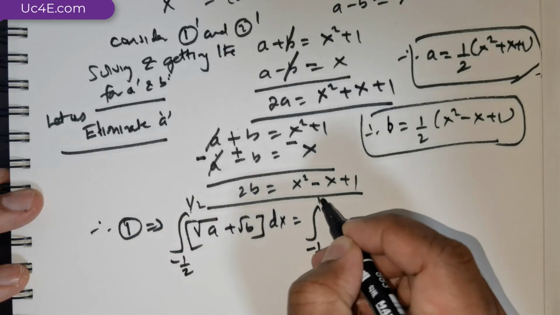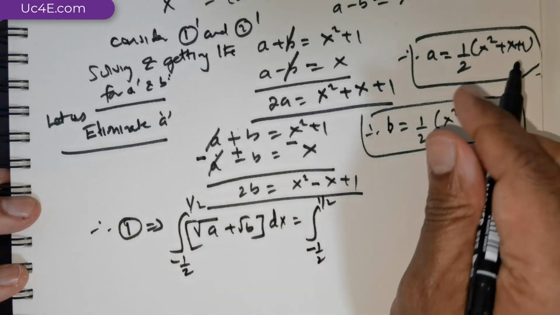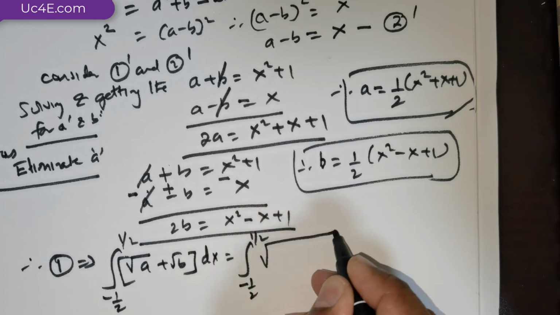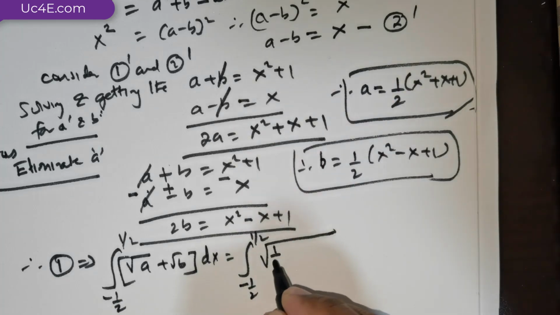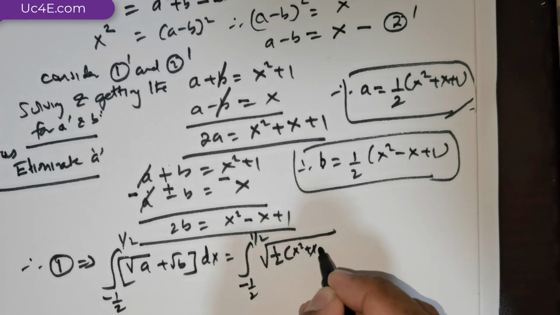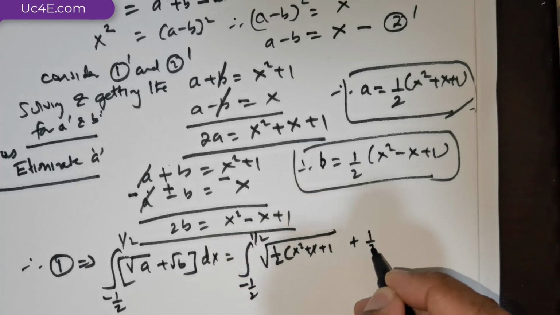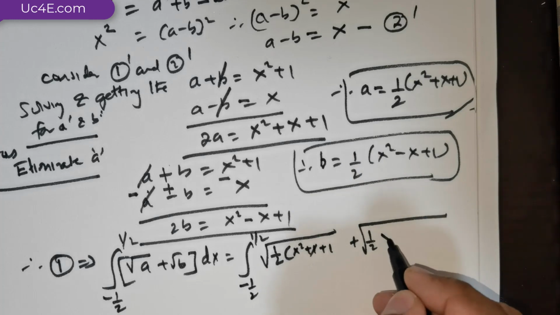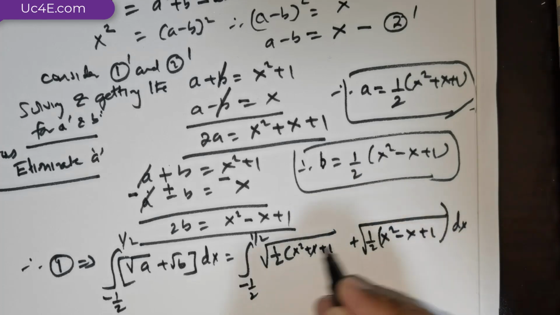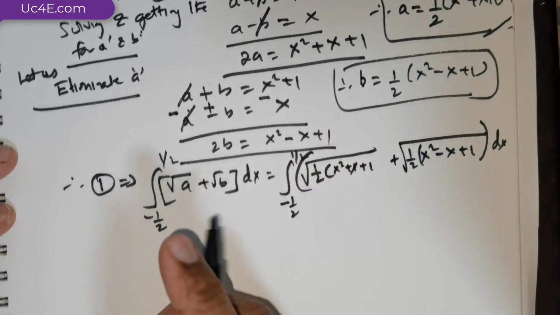My a is this value, right? Substitute that. So this is going to be square root of this entire thing, 1 over 2 times x squared positive x positive 1 positive 1 over 2 times square root of my b, which is x squared negative x positive 1, times dx. Now I can take this 1 over 2 out, right?